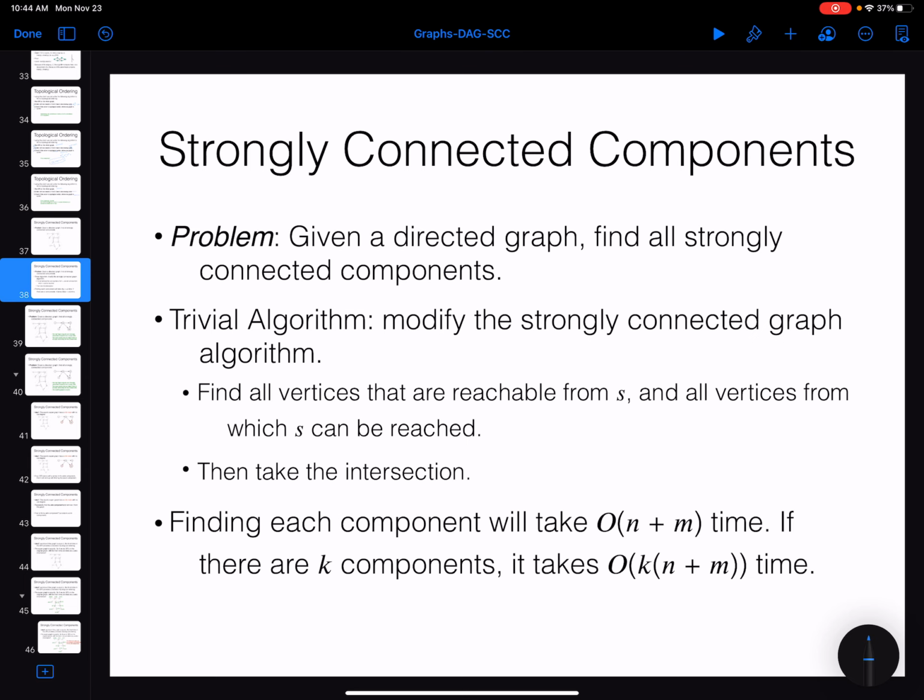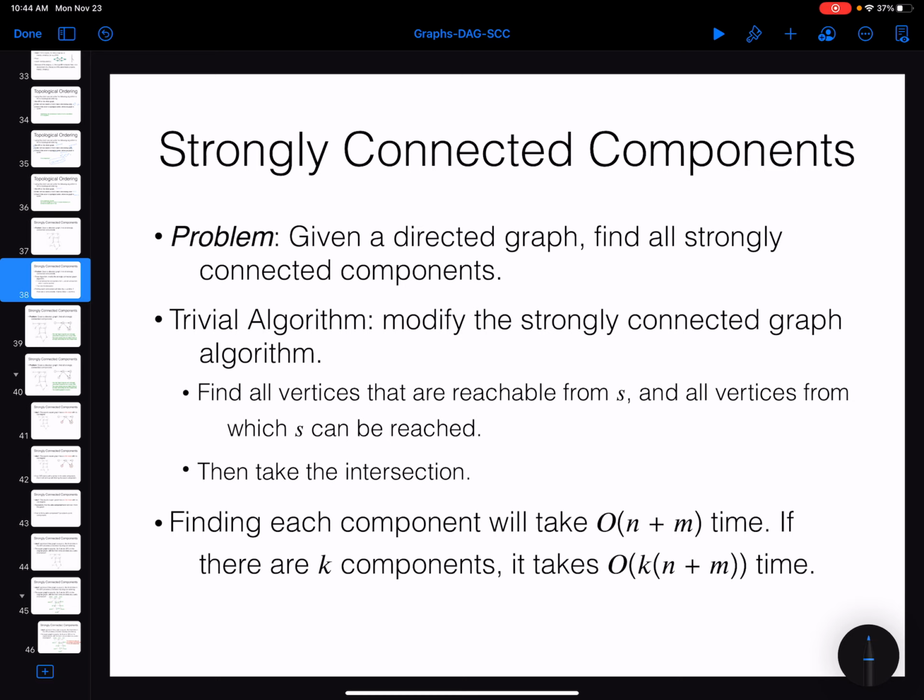So it doesn't matter which node you choose, just randomly choose one node, run the BFS or DFS, and find all the nodes which are reachable, so they are candidates to be in the same connected component. Create the reverse graph, run the BFS or DFS over the same node, and find all those nodes which are reachable to S, and get the intersection between these two sets.